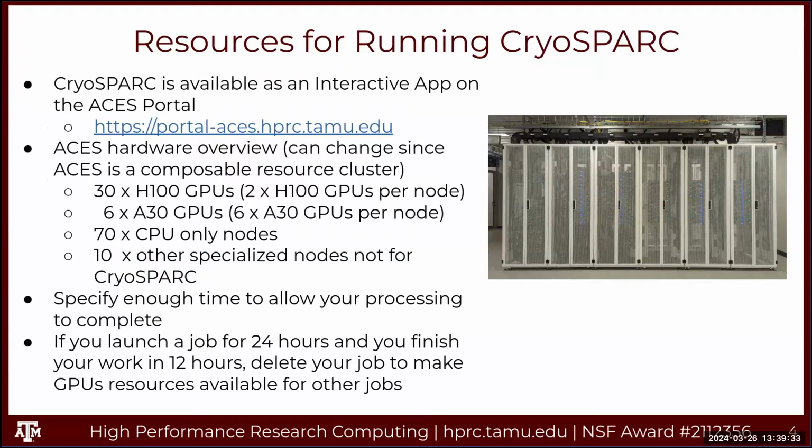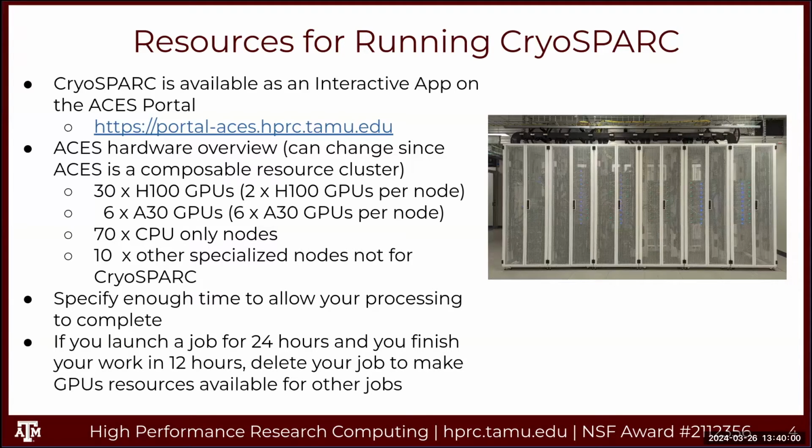So the ACES resource is a composable cluster, a composable resource cluster. And what that means is that we have some nodes that at one point may have two H100s attached, but then they can be reconfigured to have four H100s per node, and that's dependent on user request.